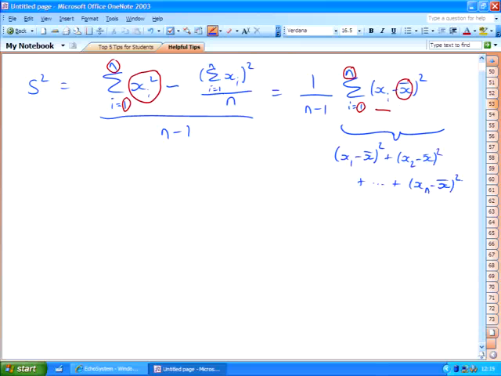There's one other equivalent formula that we could use, and that's the following. We take the sum of the xi squareds, where i goes from 1 up to n, minus n times x bar squared, divided by n minus 1. Now, I'm going to leave this as a little exercise for you to see if you can work out.